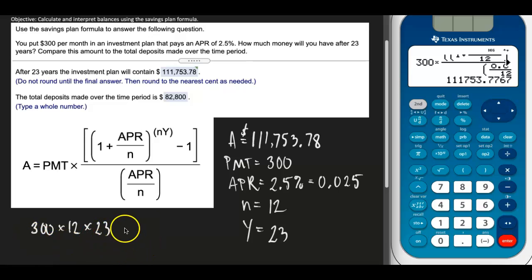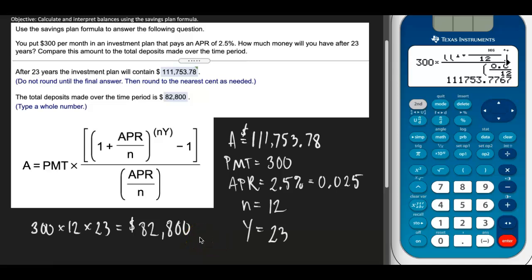So when you multiply this out, that's how you get that you have contributed $82,800 in this account.